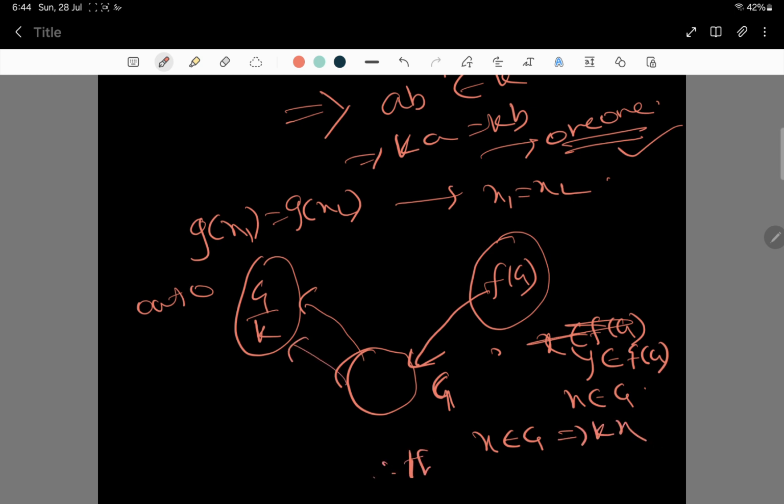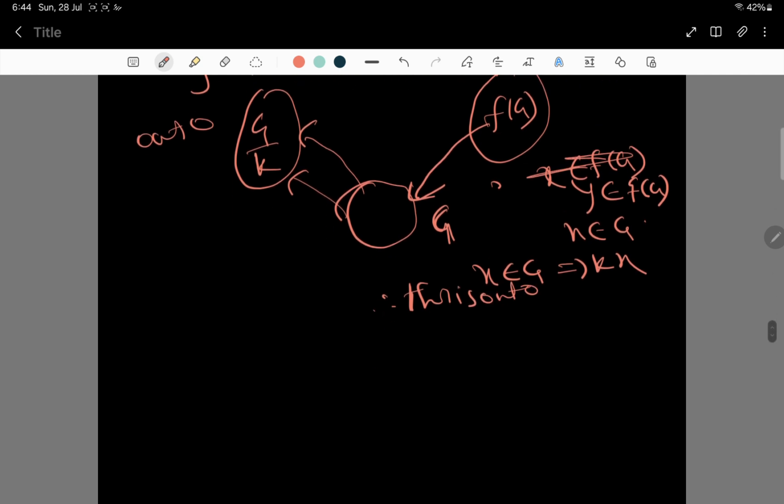Therefore this is onto, and what is left, we have to show that this function is a homomorphism also, because homomorphism plus one-one plus onto will be isomorphism.